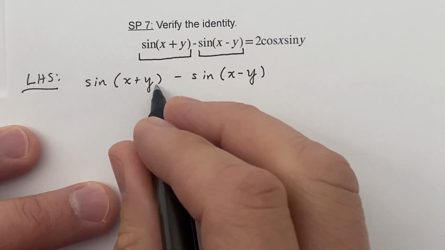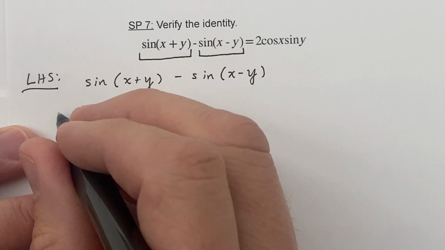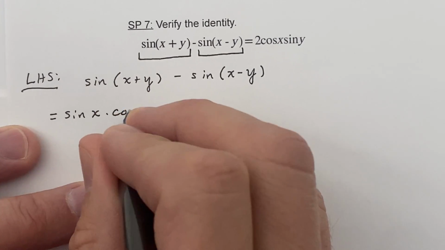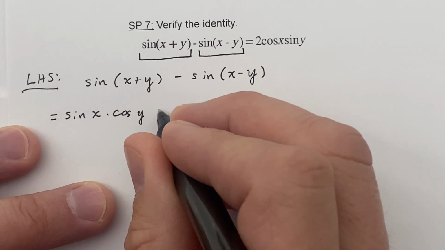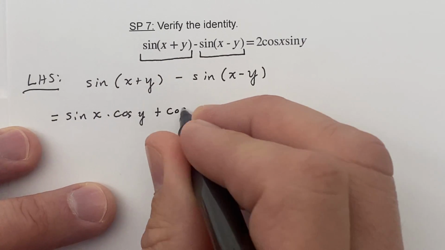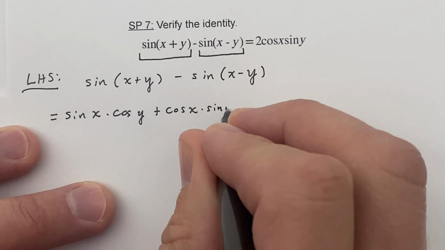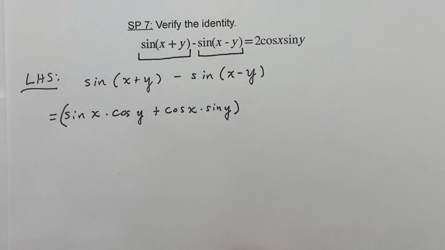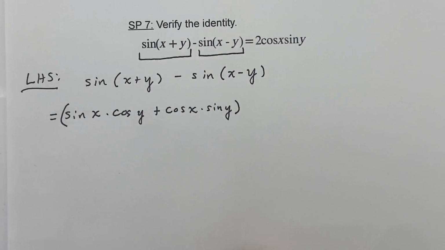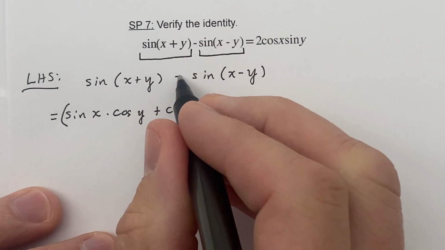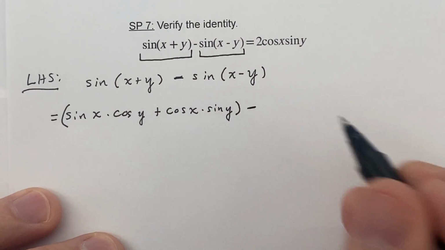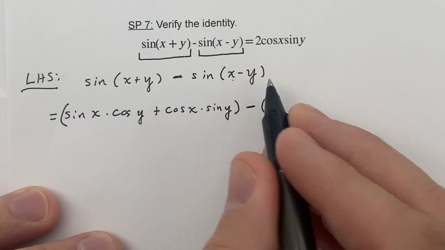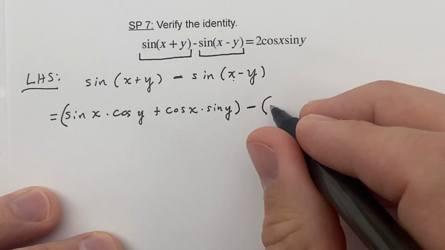Left-hand side, sine of x plus y. Go back to your formula. Sine of x times cosine of y plus cosine of x times sine of y. I am going to put that all in parentheses because that's all what that is equal to. Here's this minus sign now, minus, again parentheses. Now we've got the sine of x minus y, the difference of the sines.